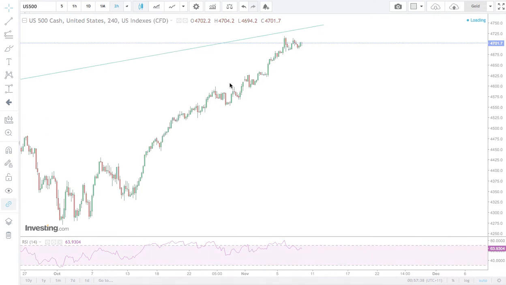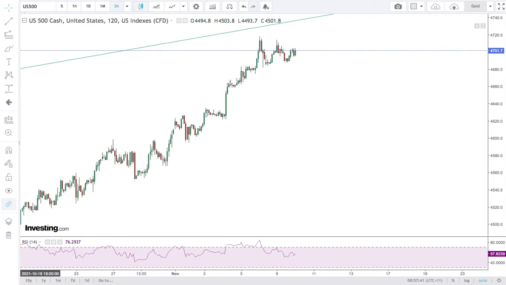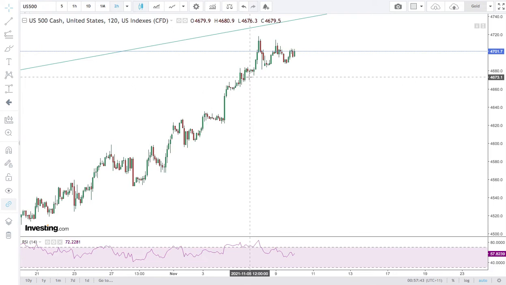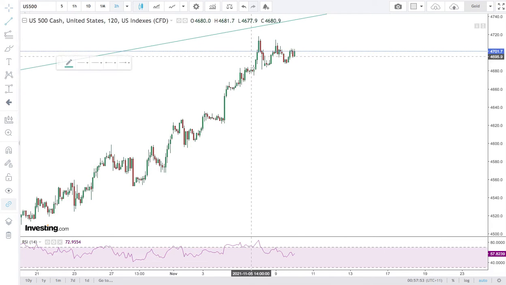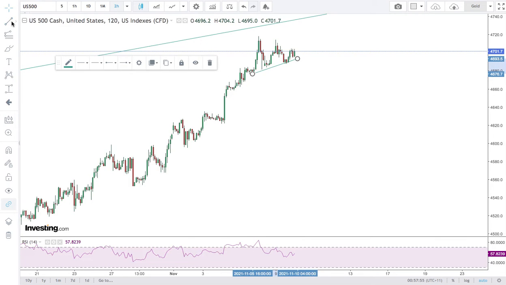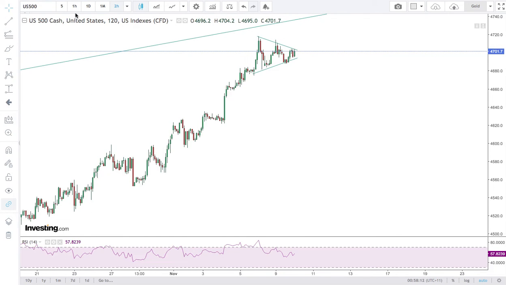Then if I go down to a smaller time frame, on the 2 hourlies it has again, not negative divergence, but it is certainly heavily overbought and turned, and we are starting to see a pattern like this, which to me is a recipe to say it is going to break out, just by the fact that it's winding down or winding up, depending on how you want to call it.